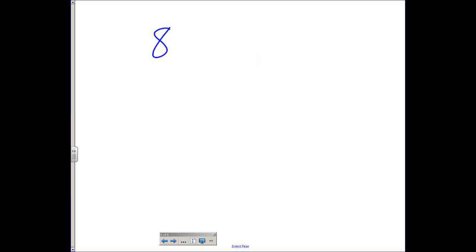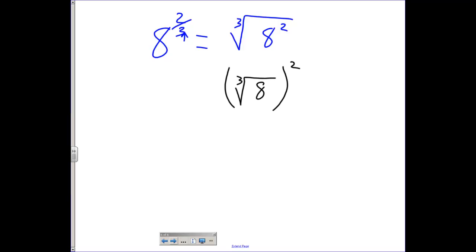If we have 8 to the 2/3 power, then that means we are going to take the cube root, because the denominator is the root, cube root of 8 to the second power. Now, some people ask, what if you wrote it this way? The cube root of 8 and then raise it to the second power. Would you get the same answer? Yes, you will.